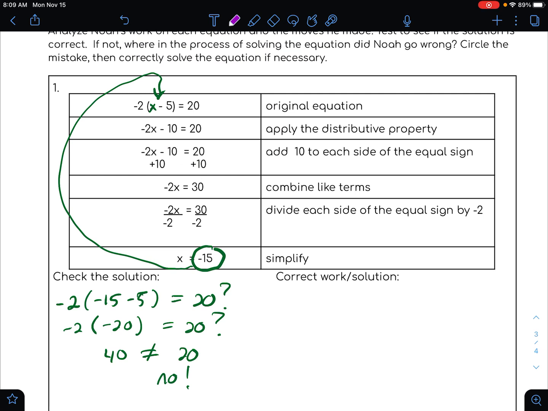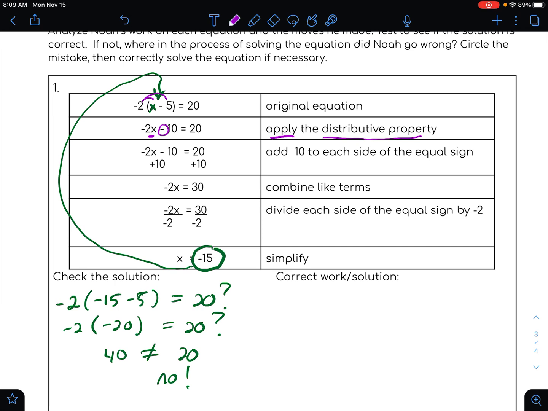So let's go through now that we've done a little bit of solving work. We noticed that he applied the distributive property first, and we talked about how that is a good idea. If we do the negative 2 times x, we get negative 2x. If we do negative 2 times negative 5, what happened here, you guys? Negative 2 times negative 5 should be a positive 10.